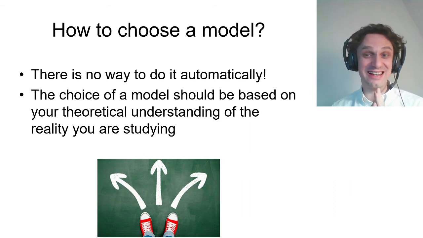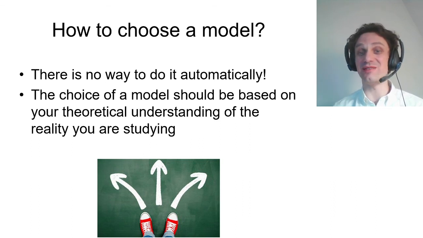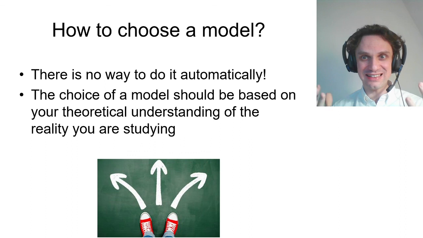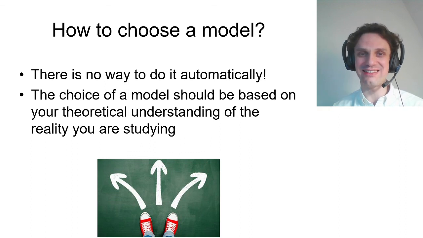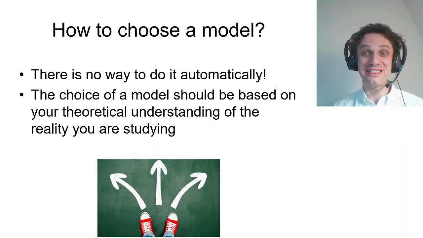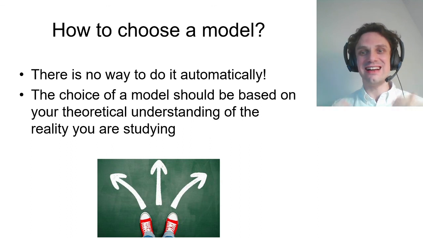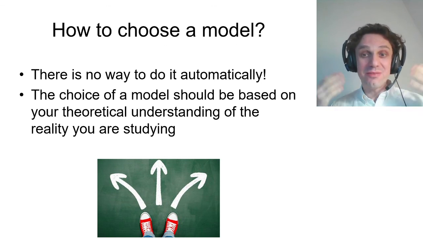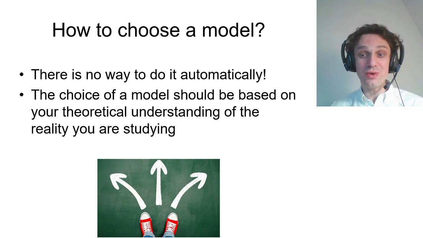So there is completely no way to choose a model automatically. The only good basis for the choice of a statistical model is your theoretical understanding of the reality that you are studying. So we start by describing the nature of these variables that we are interested in. What kind of causal processes link them? And based on this explanation, we can then proceed to develop a statistical model.